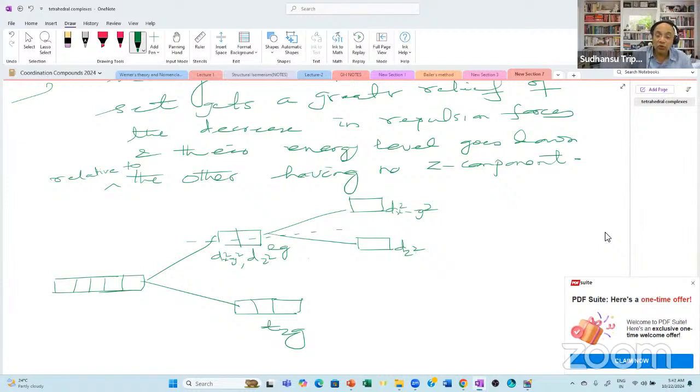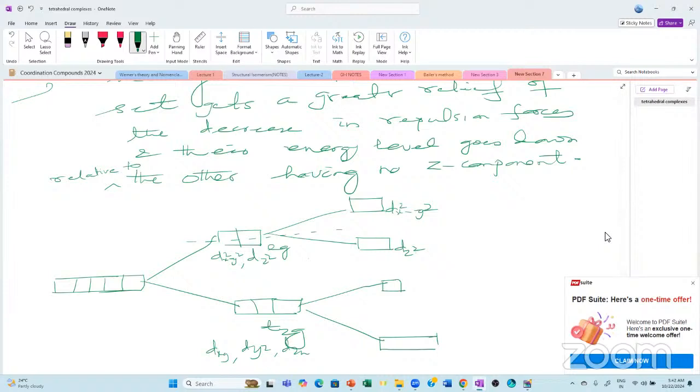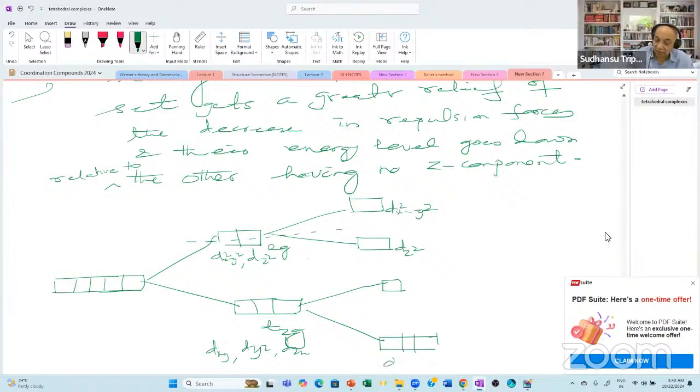Similarly, there will be further splitting among T2G: dxy, dyz, dzx. Tell me which one will come where? dxy will go up, dyz and zx will stay lower, those which have a Z component. The yz plane and xz plane are near the Z axis, but the xy plane is perpendicular to the Z axis.